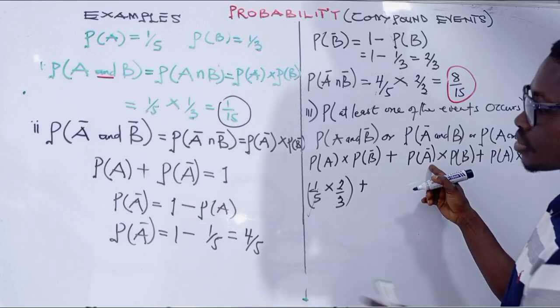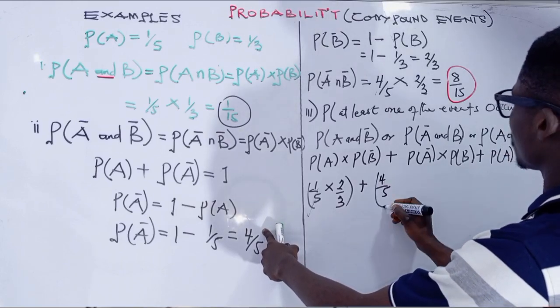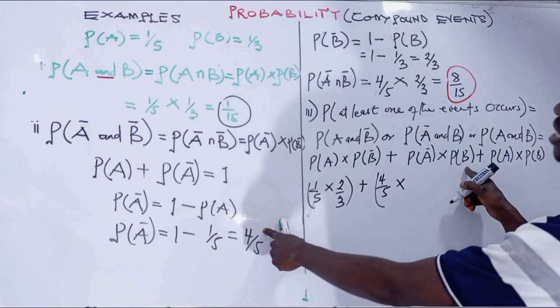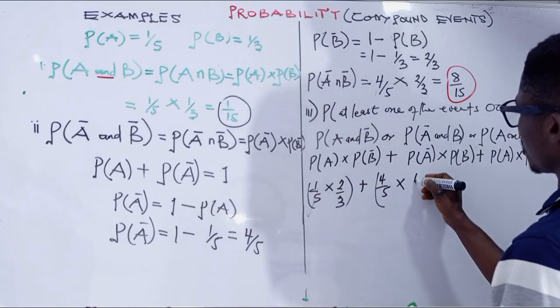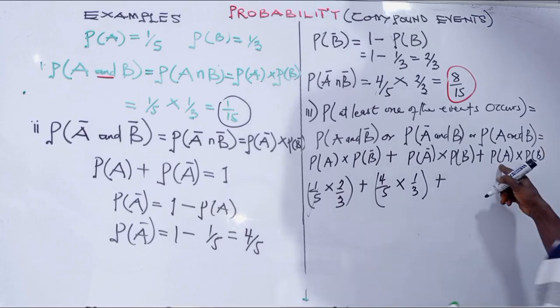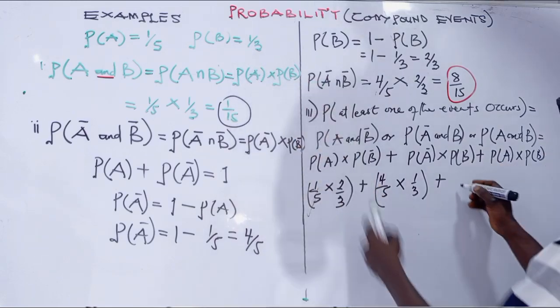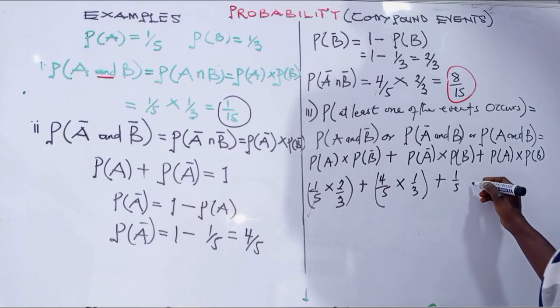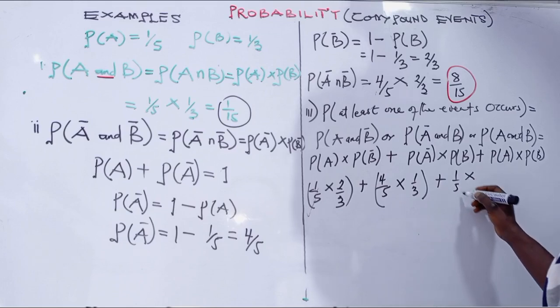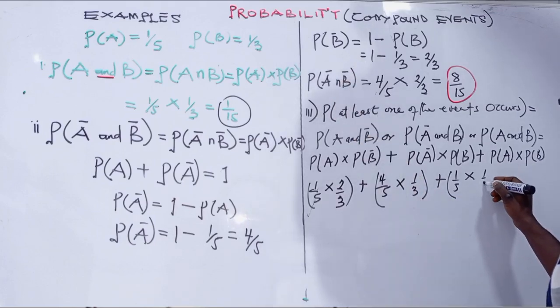The probability that A doesn't occur is what? 4 over 5, multiplied by the probability that B occurs, which is 1 over 3. Then we have plus the probability that A occurs, 1 over 5, multiplied by the probability that B occurs, 1 over 3.